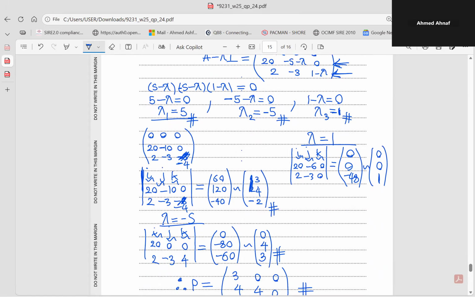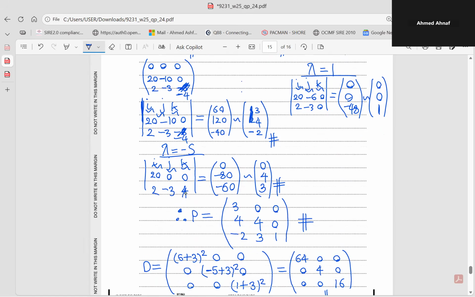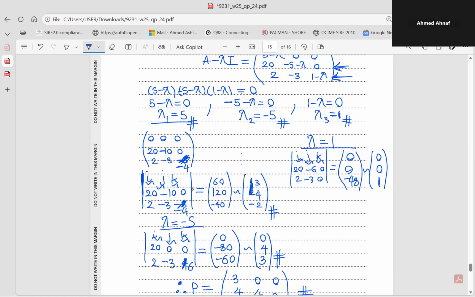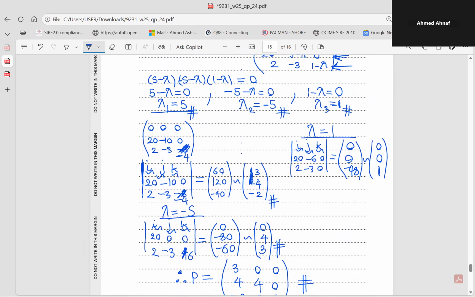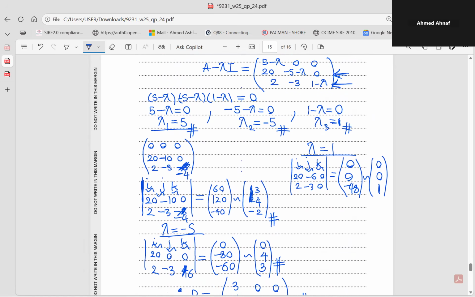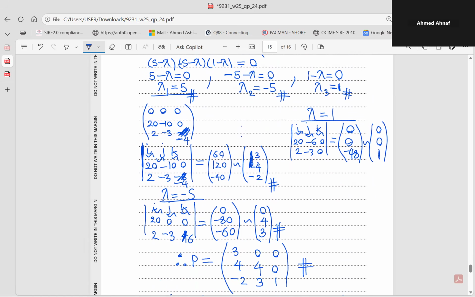Okay, let me see if I made any silly mistakes. Okay, this is supposed to be 6. Let's see if I made any mistakes in here. Just use your calculator to find them.